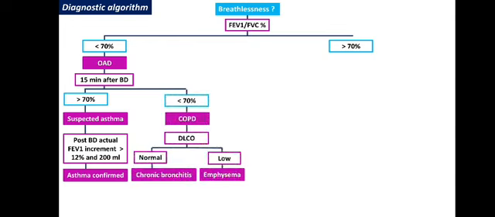On the other side, in case of OAD, if the FEV1-FVC ratio is less than 70% in spite of having the bronchodilator, it's likely to be a case of COPD. Look at the DLCO value. If the DLCO value is normal, it is chronic bronchitis. If the DLCO value is reduced, it is likely due to emphysematous change where alveolo-capillary membrane damage occurred.